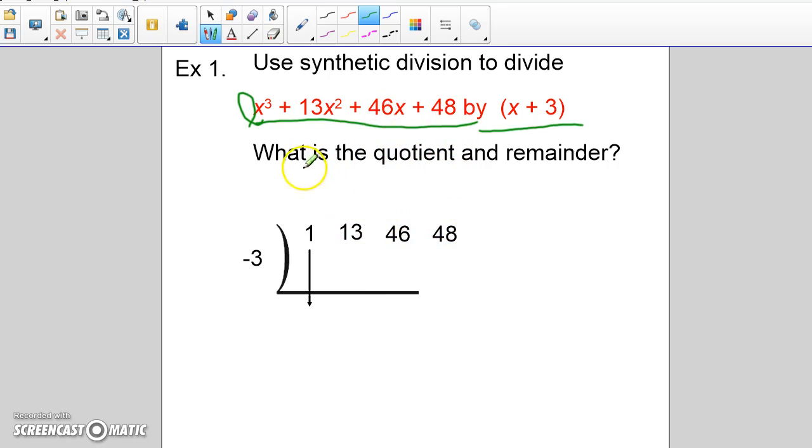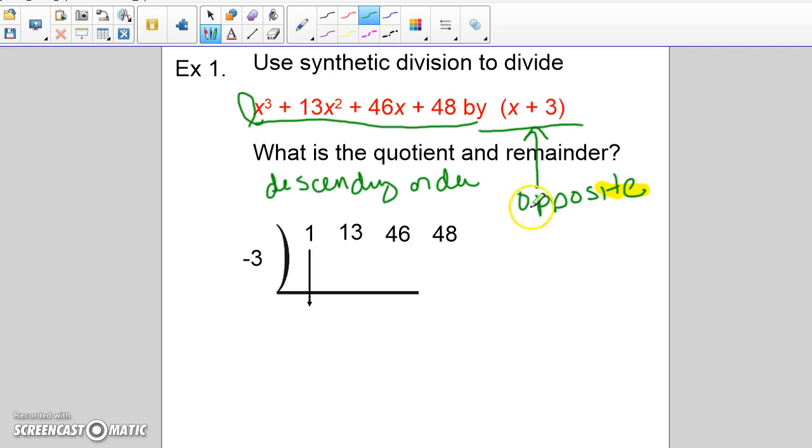I write them in order, in descending order of exponents. The other thing I do is use the opposite of the number inside the factor and write it outside. So this becomes a minus 3.